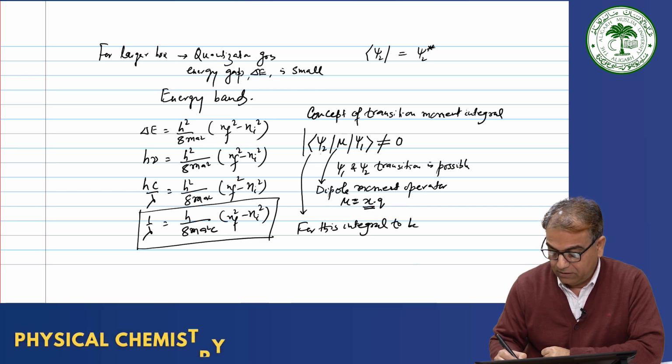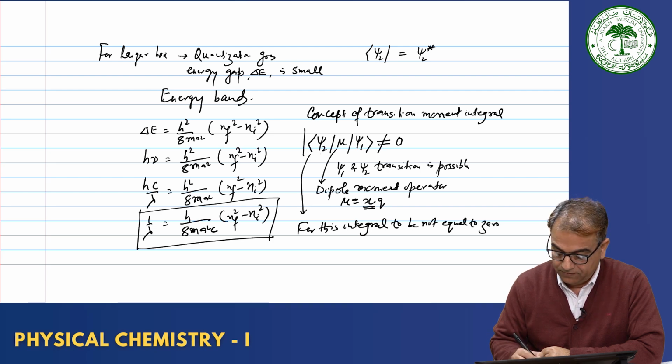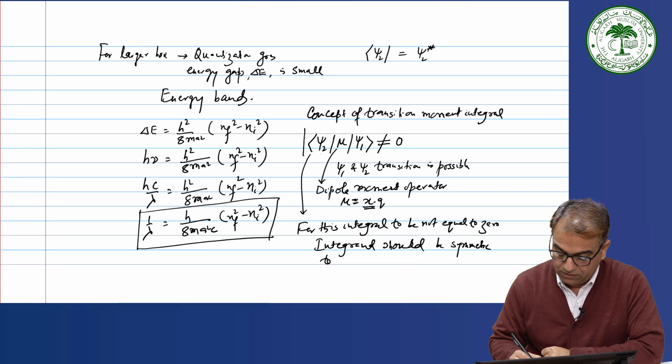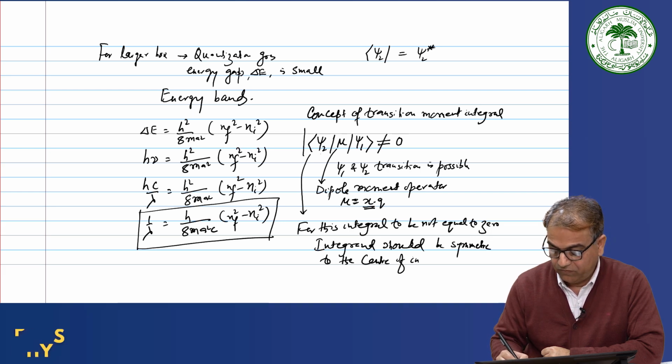Now when will this integral not be equal to 0? The integrand should be symmetric to the center of inversion. What does it mean?